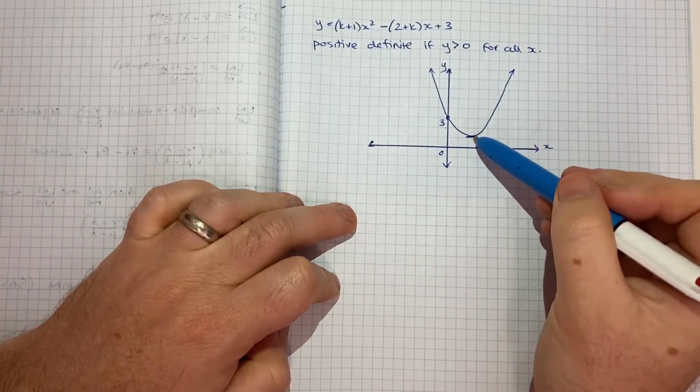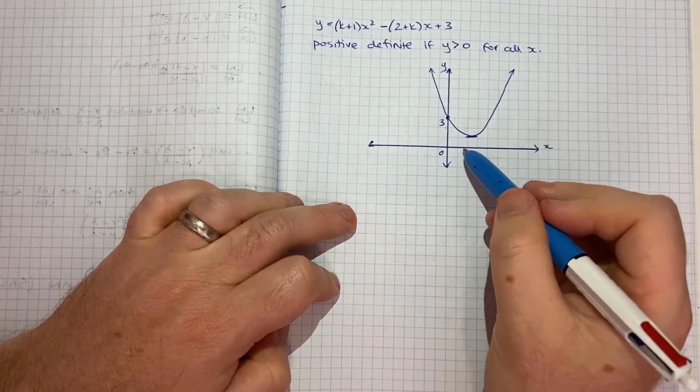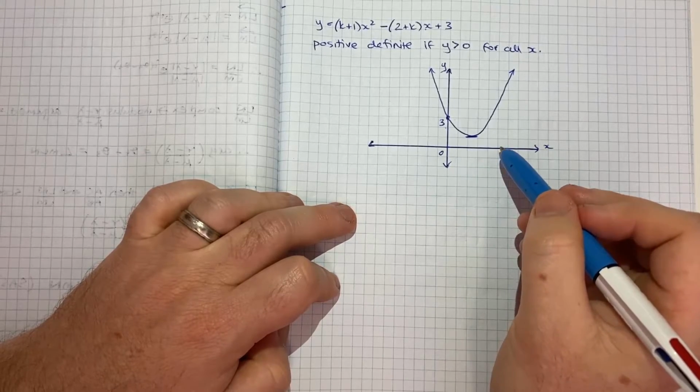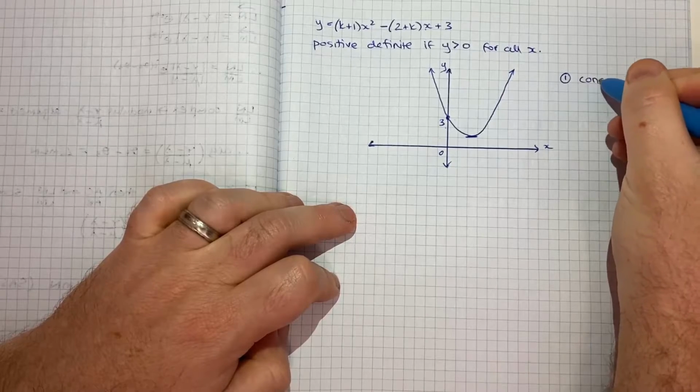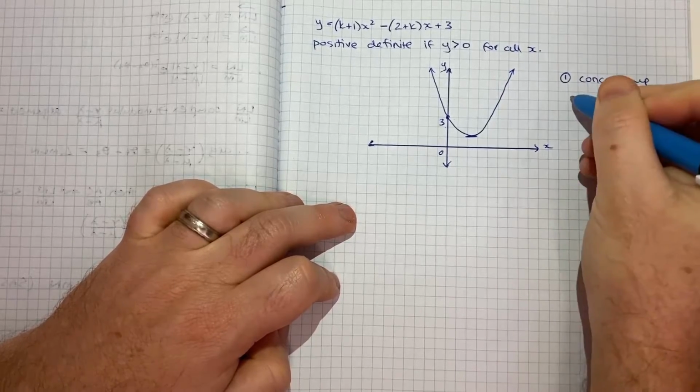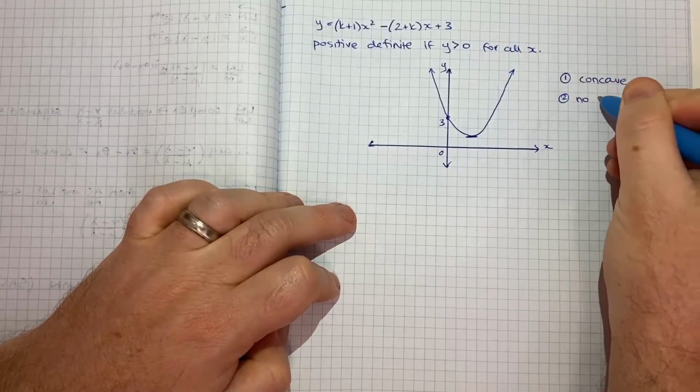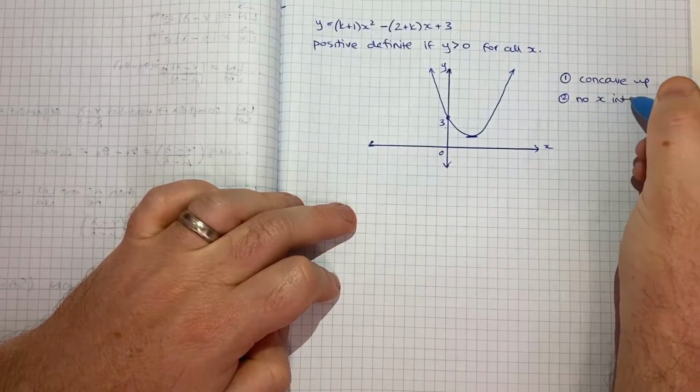Another way to describe that is to say there are no x-intercepts. So really there are two requirements we need: concave up, and no x-intercepts.